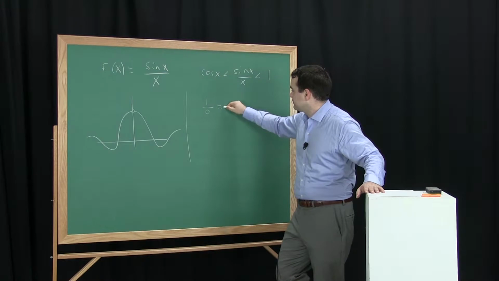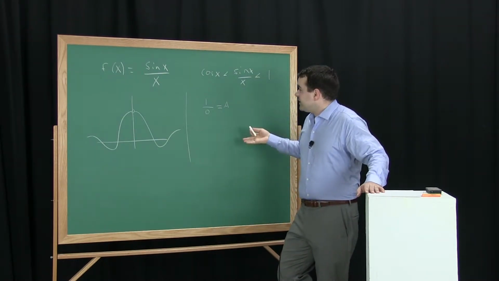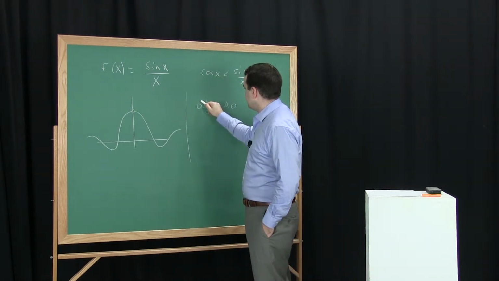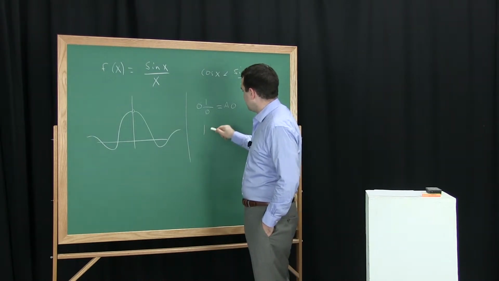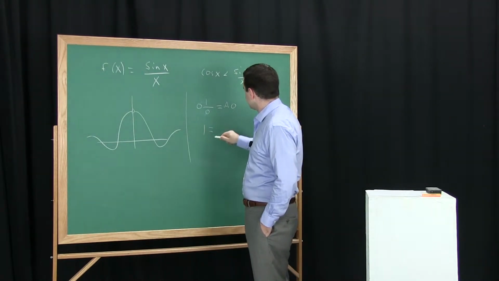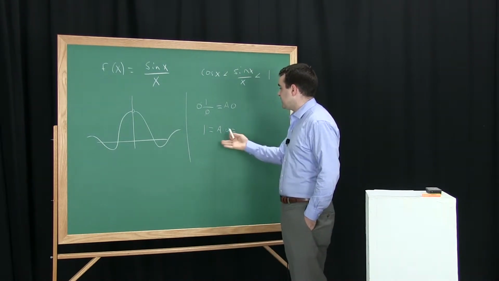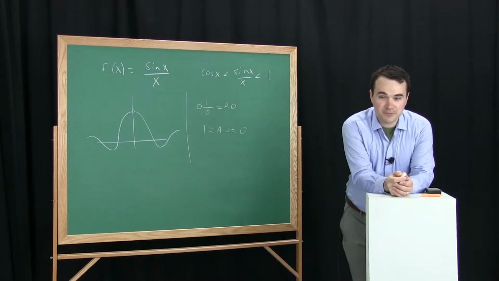Let's just call it A for answer. And then maybe multiply both sides by 0 and do a little cancellation. So then 1 is equal to A times 0. And whatever this number is, if you multiply it by 0, it's equal to 0.